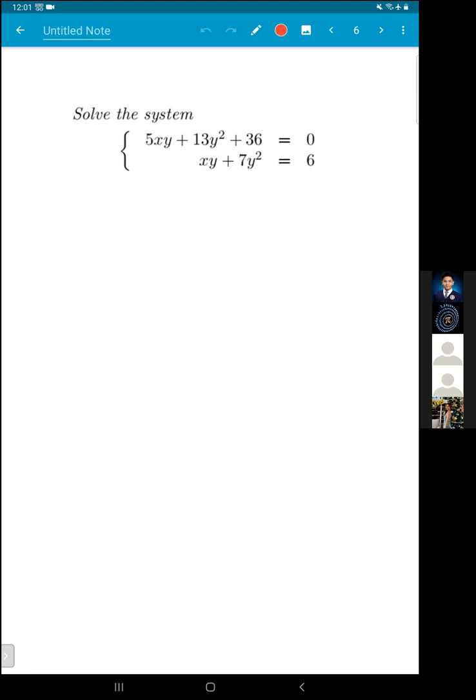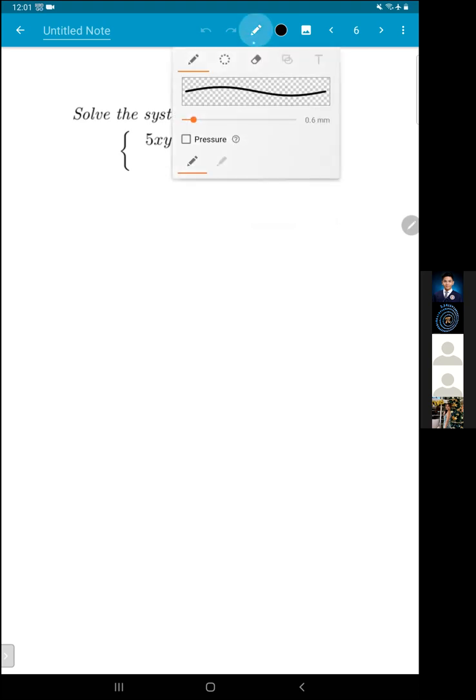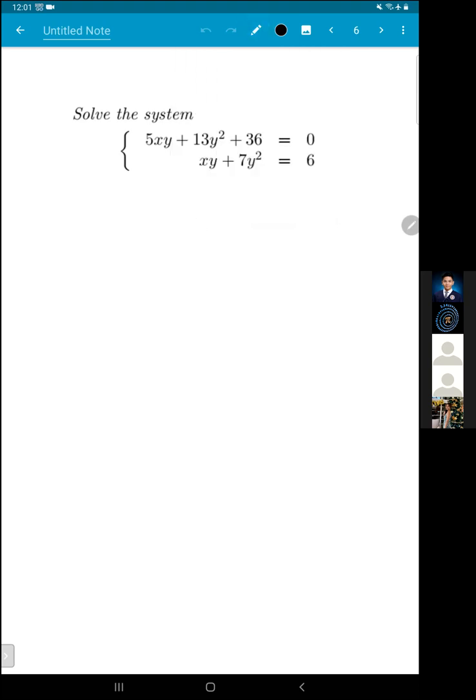Okay, anyone already got at least one of the coordinates or one of the variables under x and y? Now, you could try to eliminate y squared, but that won't work.